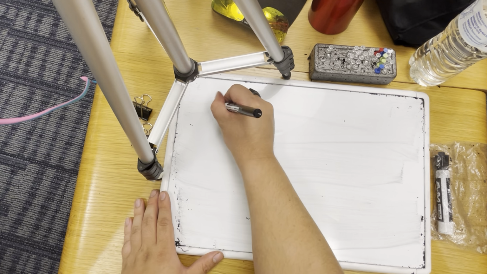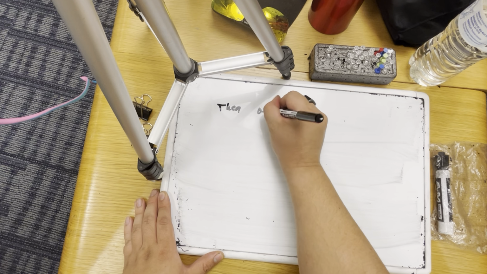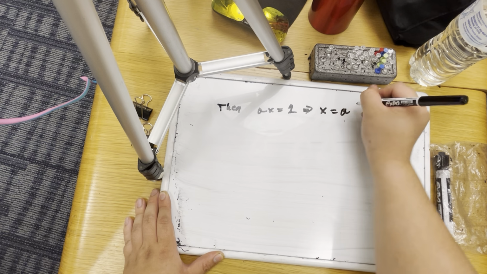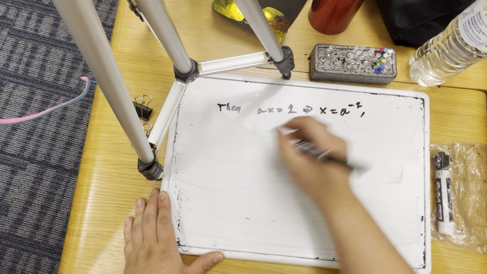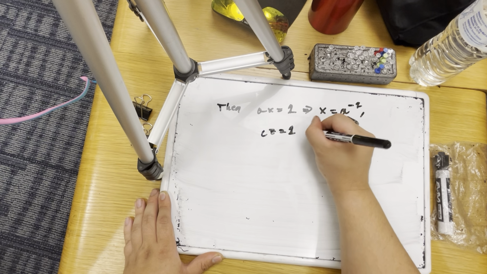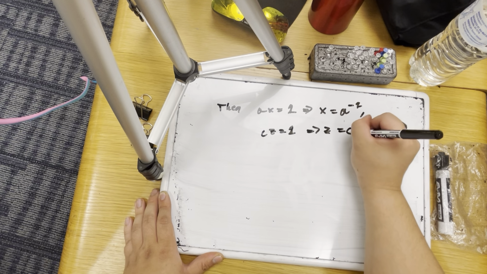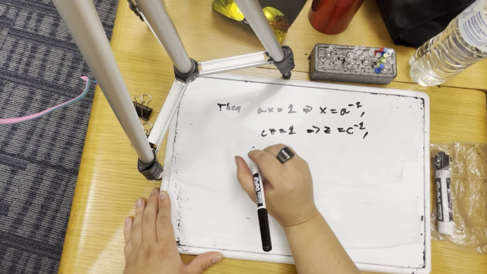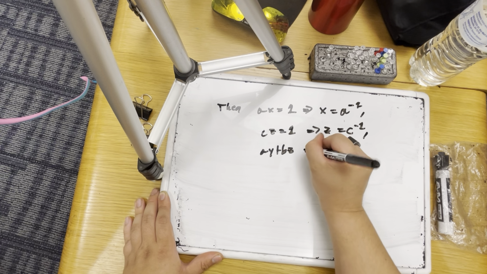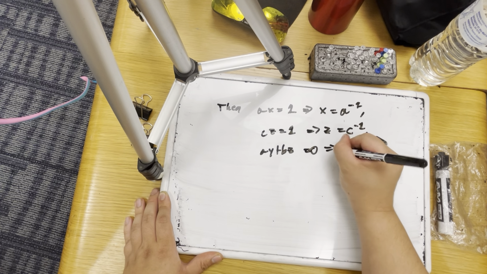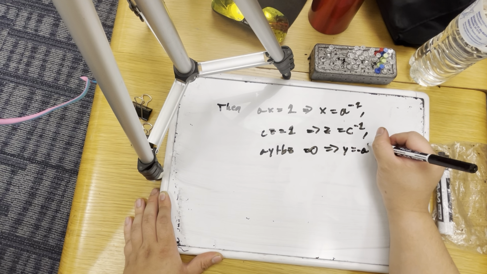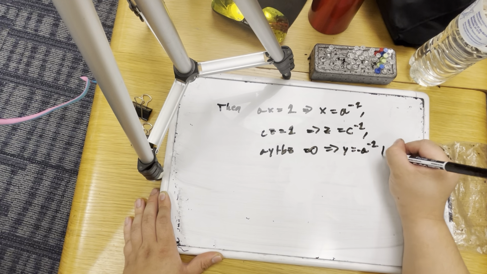So then Ax is equal to 1 implies x is equal to the inverse of A, Cz is equal to 1 implies z is equal to C to the negative 1, the inverse of C. Ay plus Bz is equal to 0, system of linear equations, right? So which is how you would do this. So it's equal to negative A inverse times Bz.